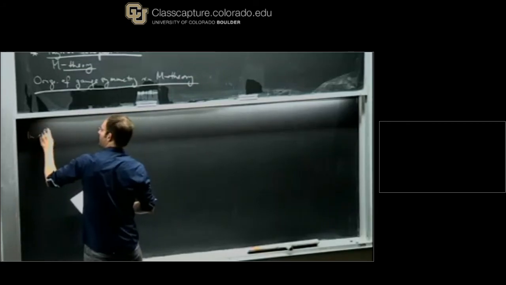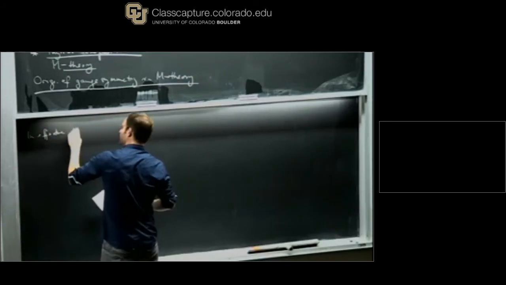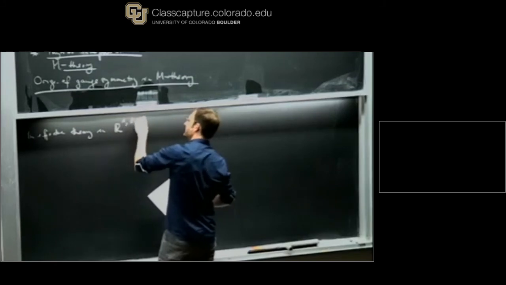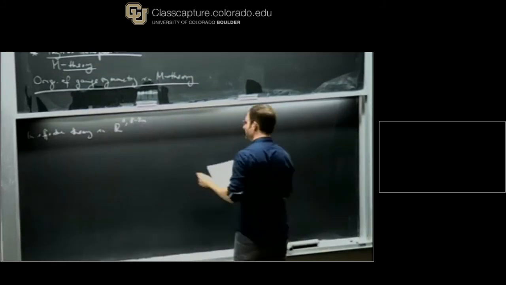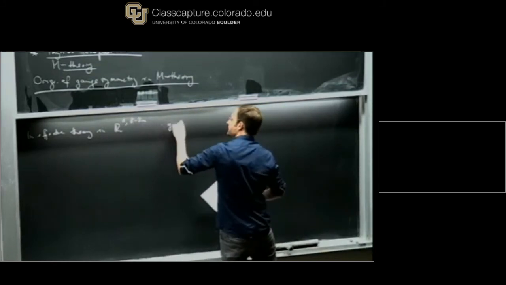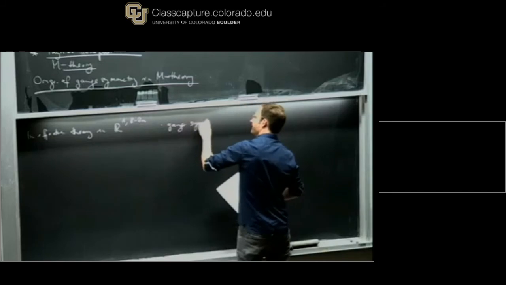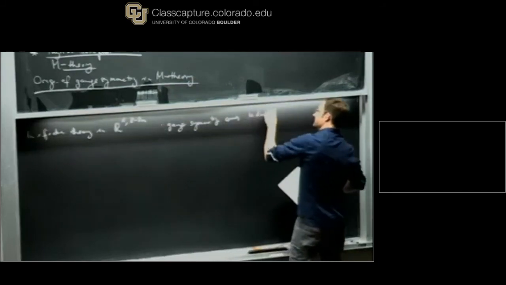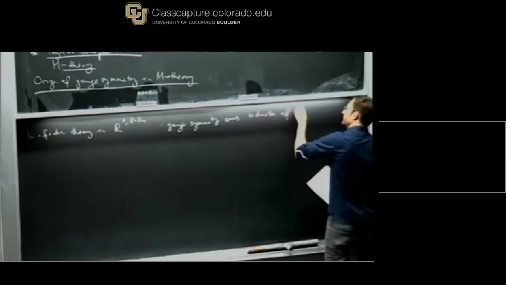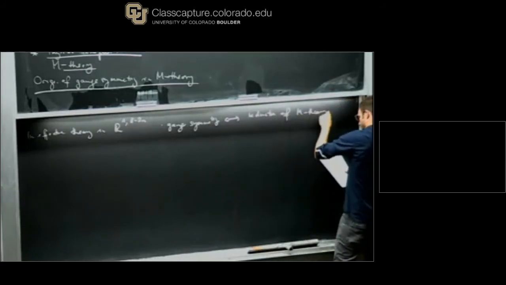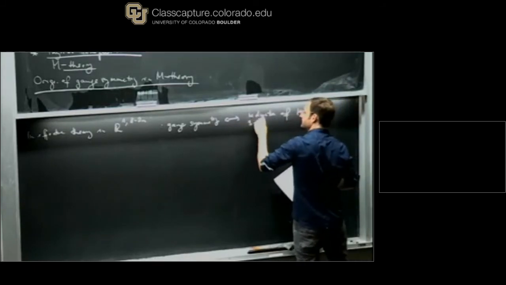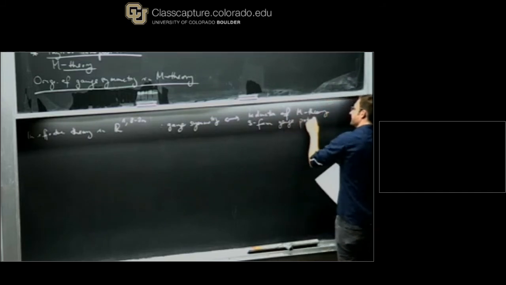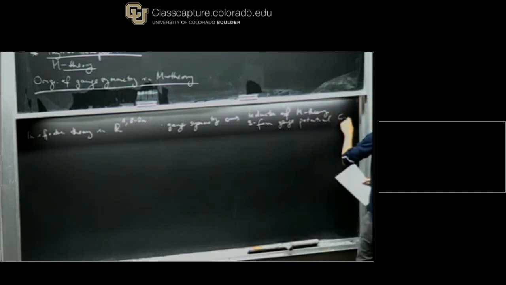So in the effective theory in R^{1,8-2n}, if we complexify M theory, the gauge symmetry comes from the reduction of the M theory 3-form gauge potential C3. That's crucial.